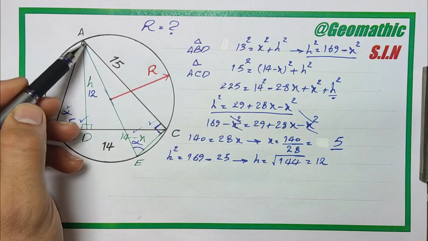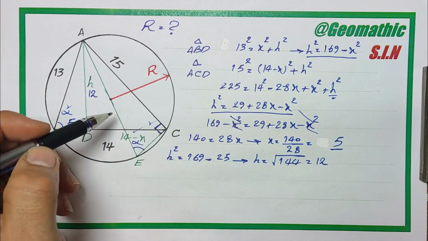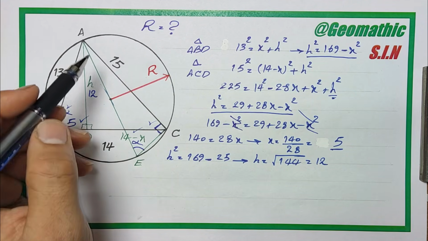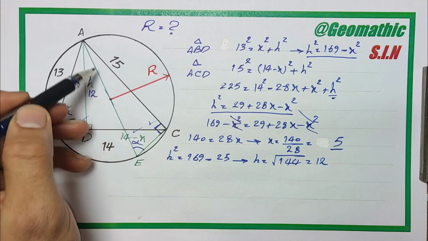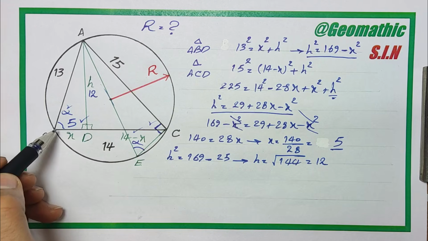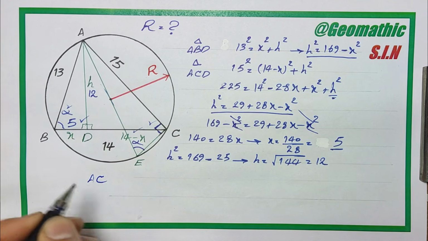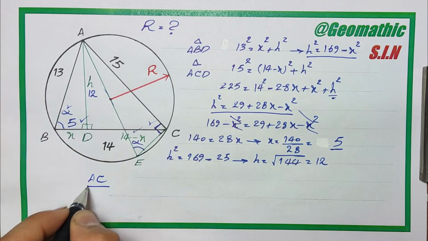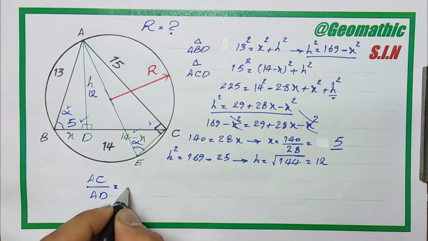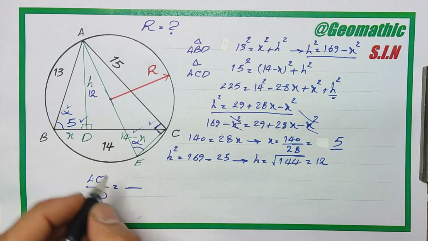Side AC in triangle ACE corresponds to side AD here. Likewise, side AE in this triangle and AB in this one correspond to each other. So we have AC over AD equals AE over AB.